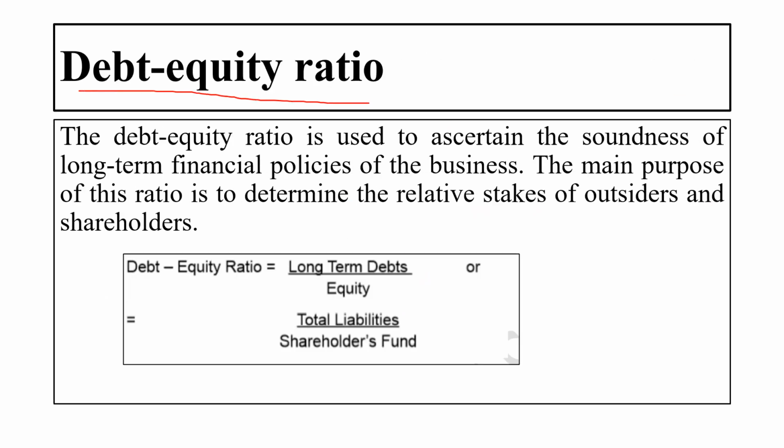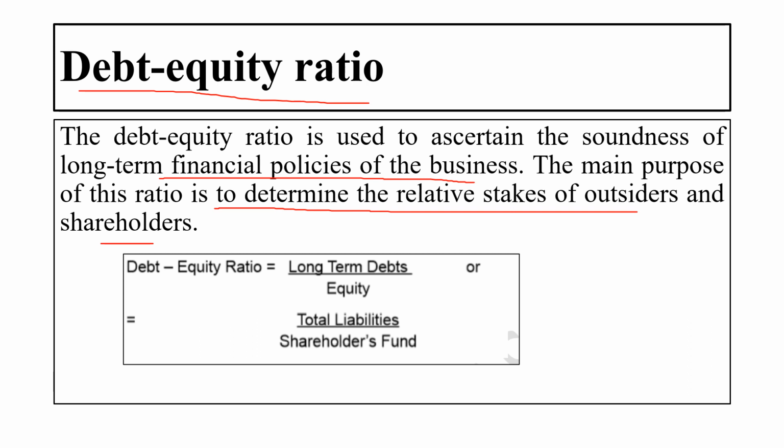Debt equity ratio. The debt equity ratio is used to ascertain the soundness of the long-term financial policy of the business. The main purpose of the ratio is to determine the relative stake of outsiders and shareholders. Why is this debt equity ratio used? It is used to ascertain the soundness of the long-term financial policies of the organization.